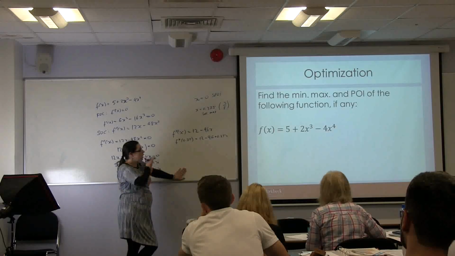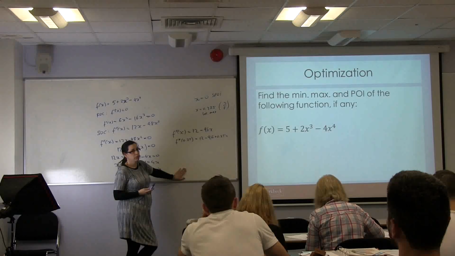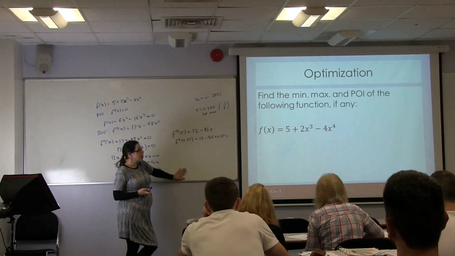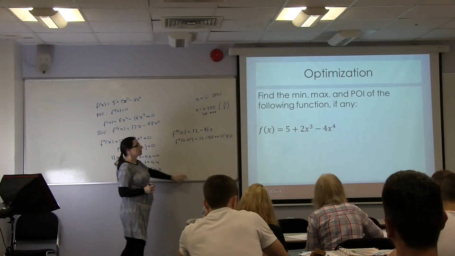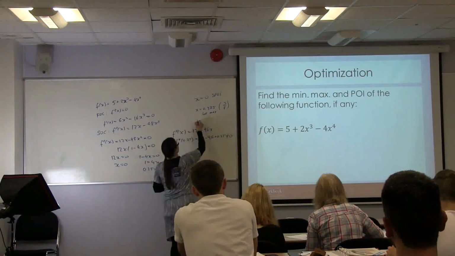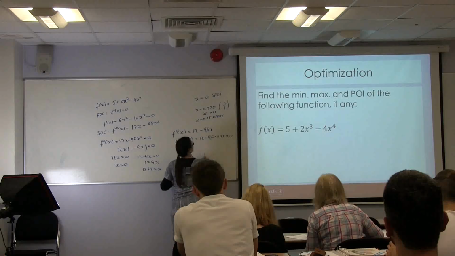What is the quarter of 96? Is it 12? No. 48 has got a quarter equal to 12. 96 doesn't, so it's non-zero. So this is a non-stationary point of inflection.